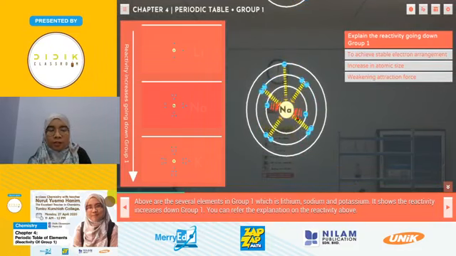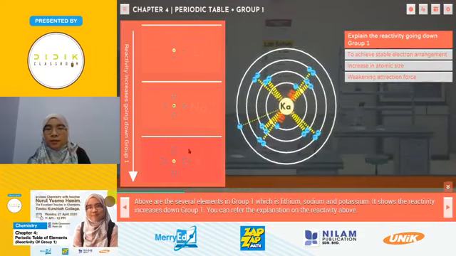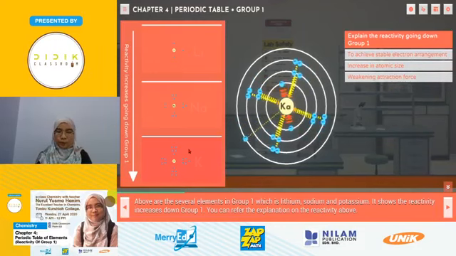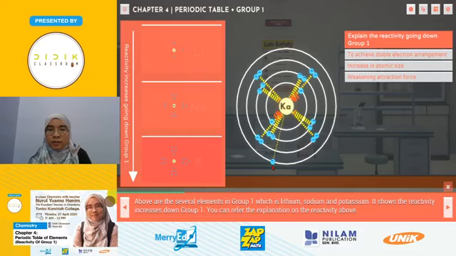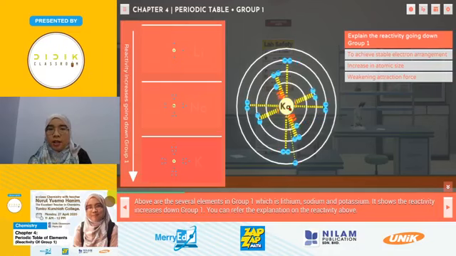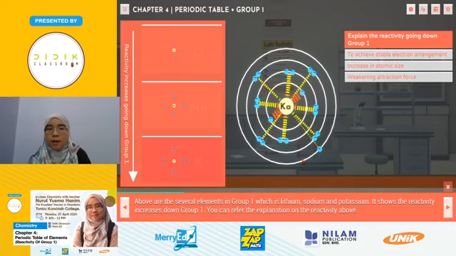The attraction forces between nucleus and valence electrons get weaker as the valence electron is further away from nucleus. And this is potassium. We can see that the valence electron is further away from nucleus, and the attraction forces between nucleus and valence electrons is weaker compared to sodium and lithium.